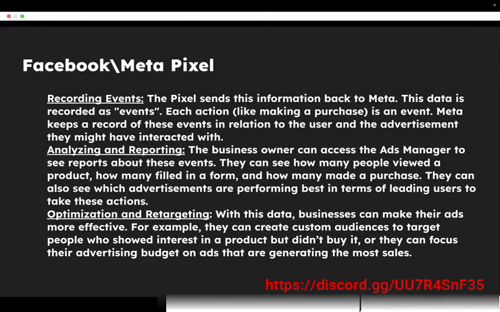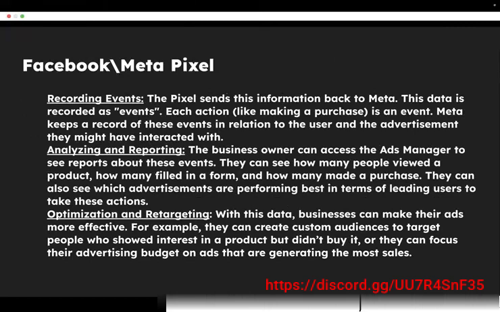So I don't want to spend a lot of time explaining how the pixel works, but this is just a basic understanding of what the pixel is and a very basic overview of how it works. Usually you don't need to get into details of what the pixel is and how it works.